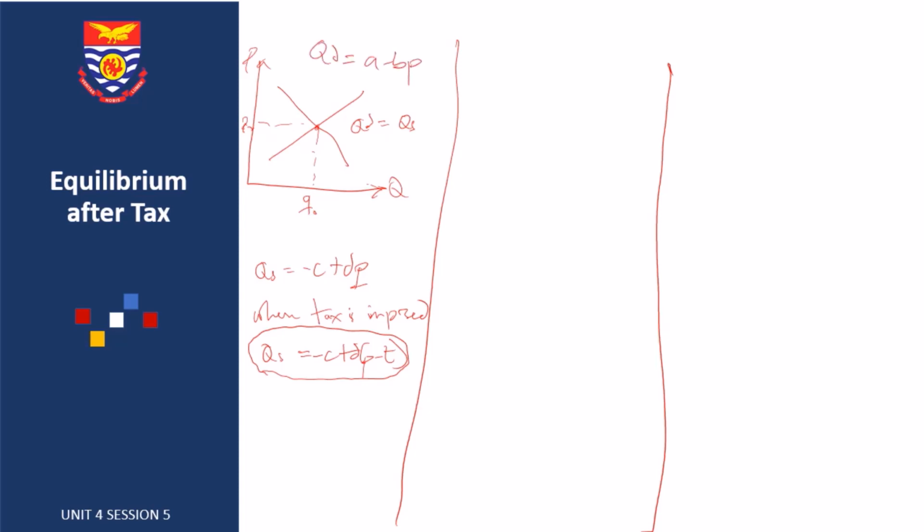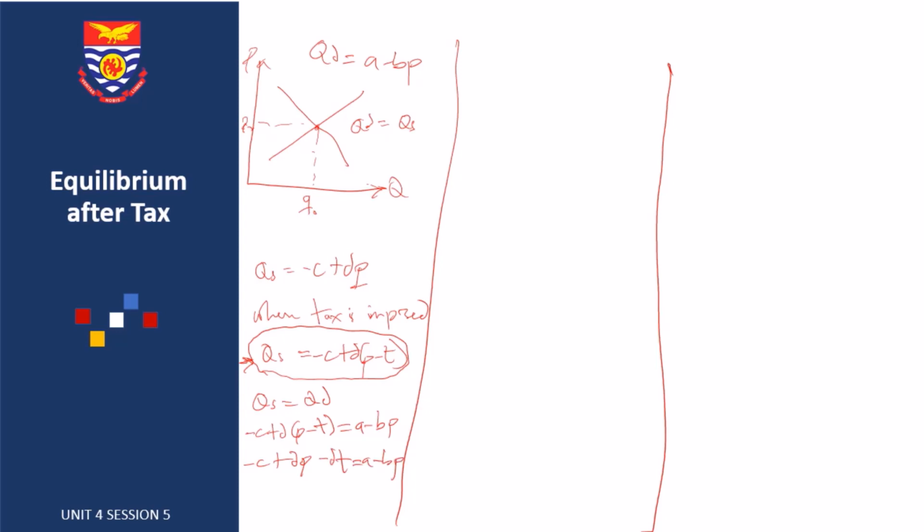Let's look at this new supply equation and the normal demand and see what we get algebraically. I'll have minus C plus D, bracket P minus T, equal to A minus BP. I can expand, so this will be dP minus dT equal to A minus BP.